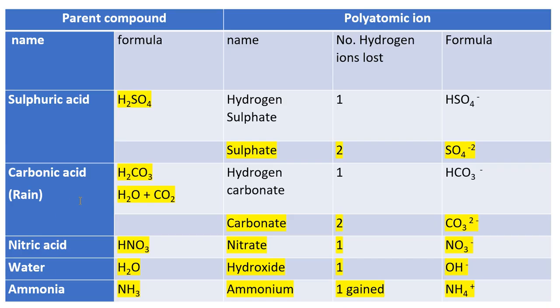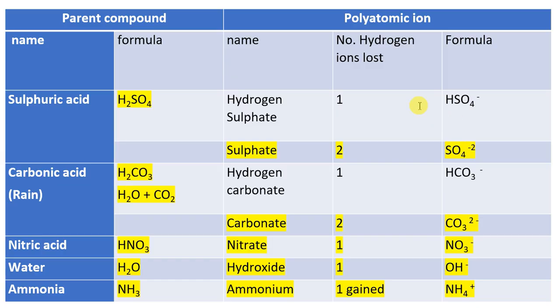I'll finish with this. Simply because I think the more you get familiar with these, the easier it gets. My parent compounds, I give you 5. Sulfuric acid, H2SO4. It's all about losing hydrogen ions, apart from the last example where one is gained. Sulfuric acid, I can lose 1 hydrogen, in which case what's left is HSO4.